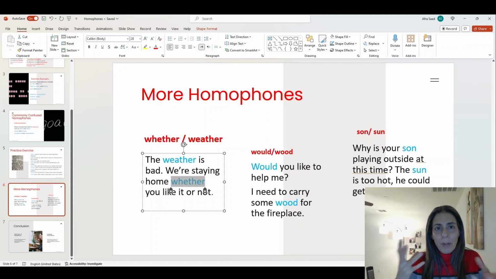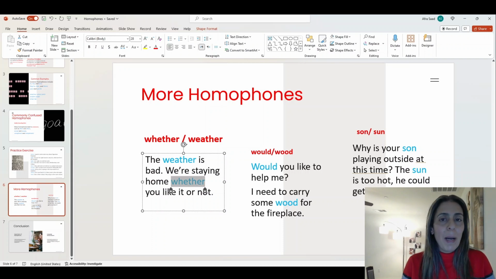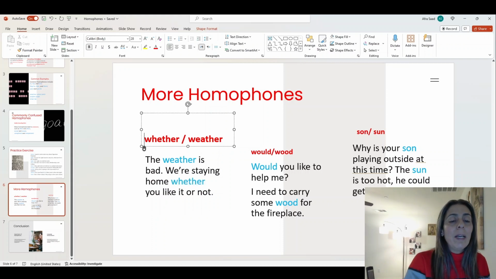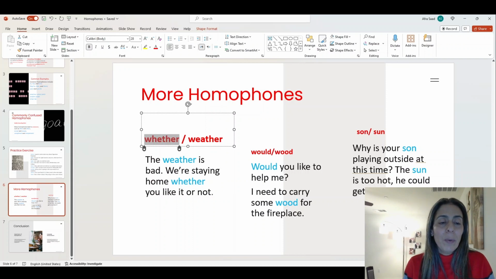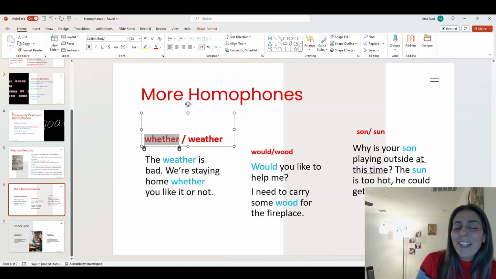In both cases. I'm going to see my friend whether I have a lot of work or not. That's it. I made my decision. I made up my mind. I'm going to see my friends. So if we use weather here, and using this word when it is really sunny, people will be like, what?